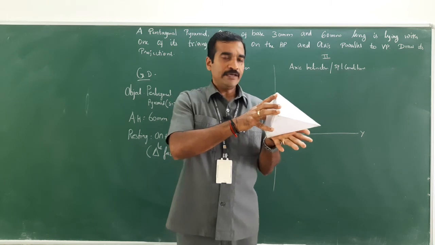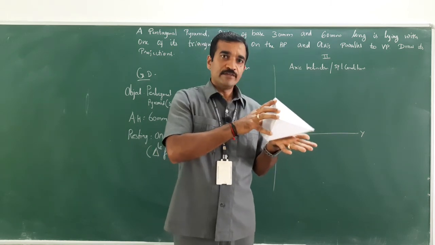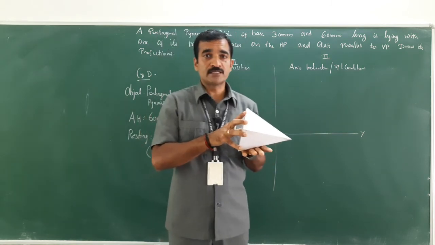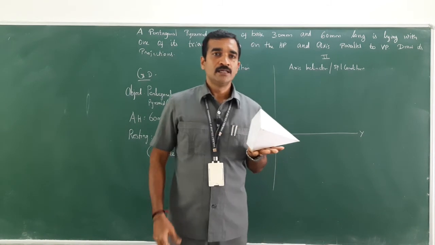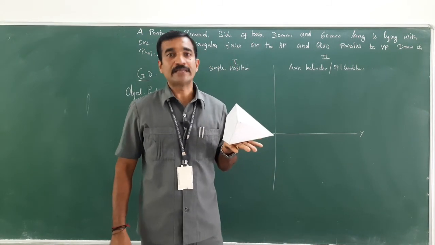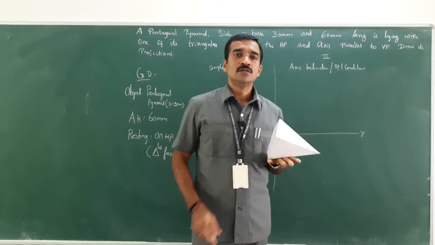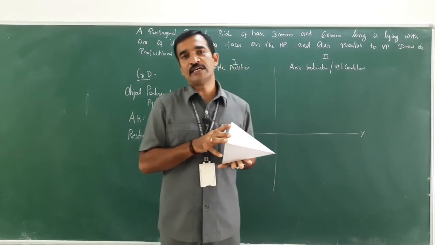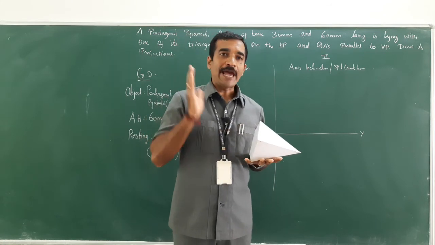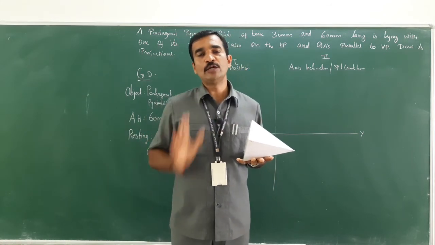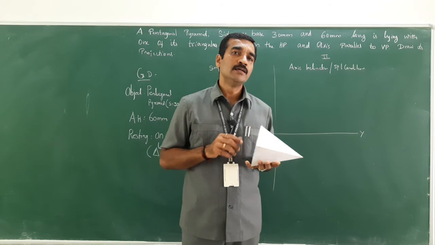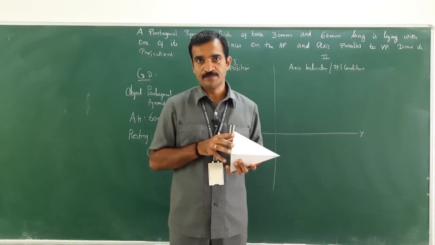So when it is resting with one of its triangular faces, could you see the true shape of this object, that is the pentagon? No. In that scenario, by the change of position method, the axis should be perpendicular to any one of the planes in order to draw the true shape of the object, isn't it?